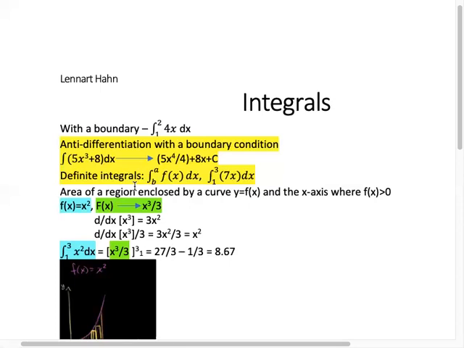The easiest way to do this is to add 1 to the exponent, x cubed. Then you take the derivative of that function, that becomes 3x squared, and then that derivative function needs to get back to x squared, because that's our actual original function. And how do you do that? Divide by 3, because 3x squared divided by 3 is x squared.